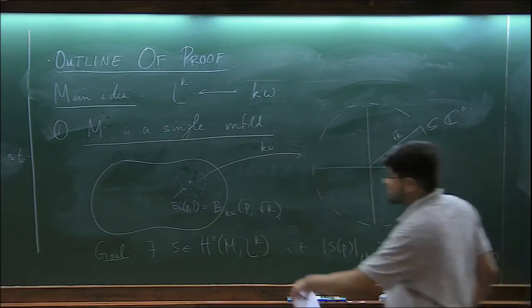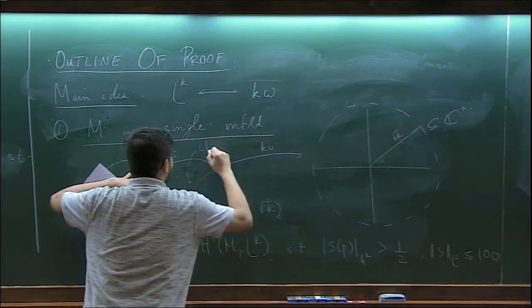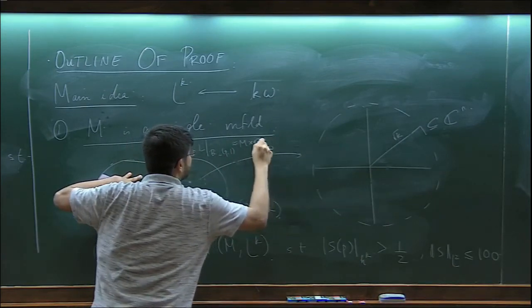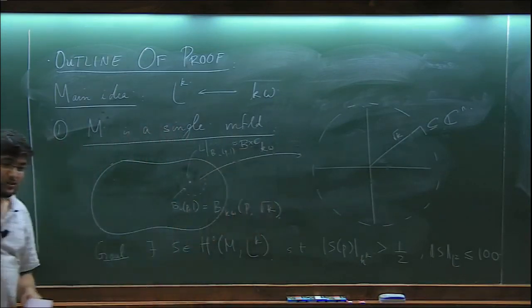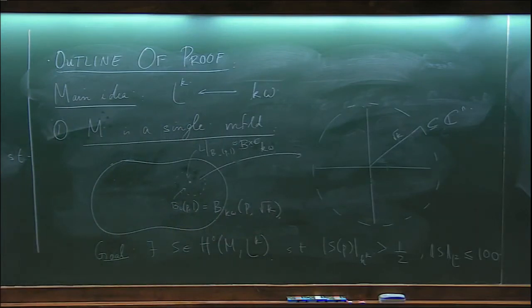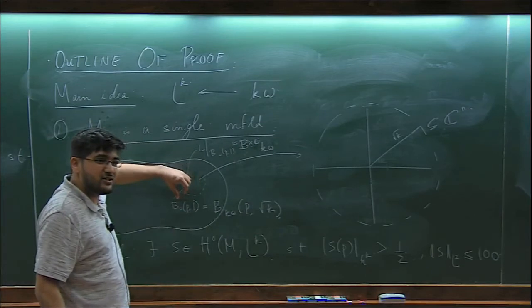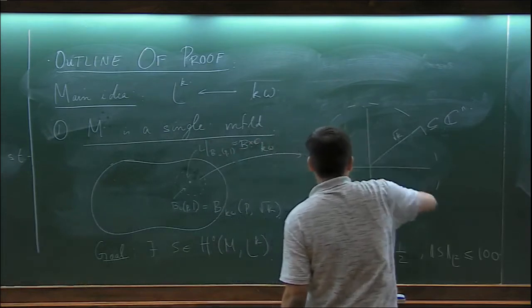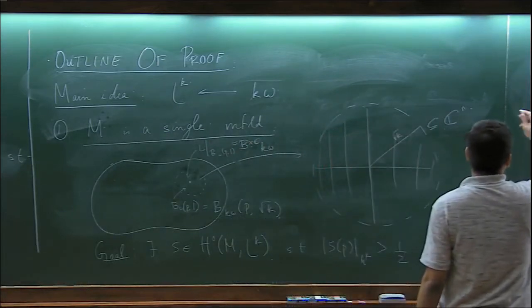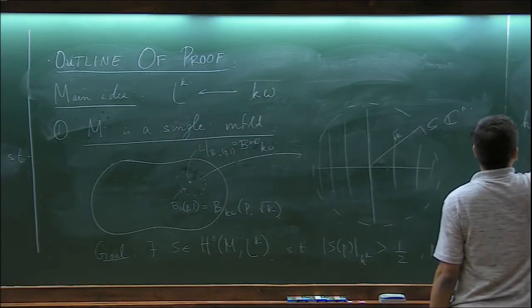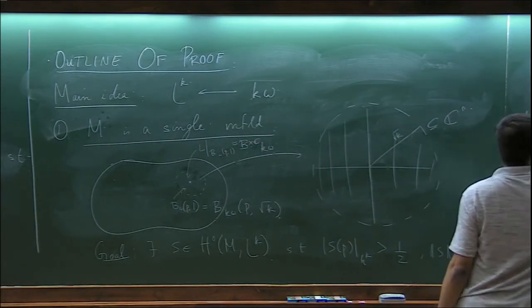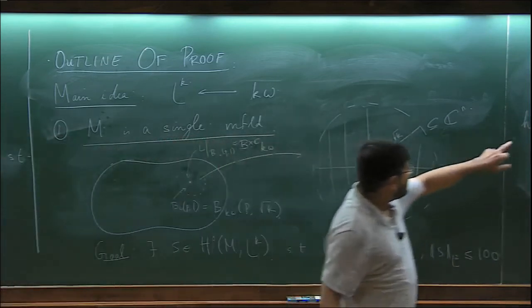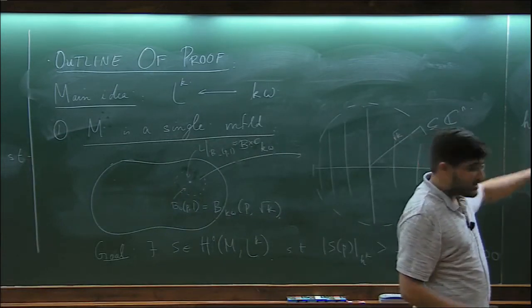I can also choose this ball so that L restricted to this ball is basically trivialized. I can always have a local trivialization, and by rescaling I can assume that I have a local trivialization on this ball, right? Now the point is, on this Euclidean ball, there is already a Hermitian metric, which is basically the Gaussian metric, and my Hermitian metric h to the k is actually quite close to this Hermitian metric, right?